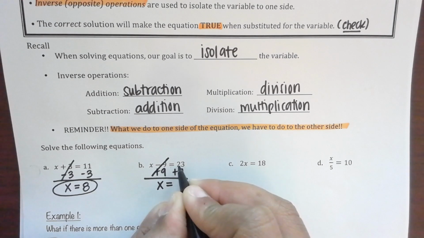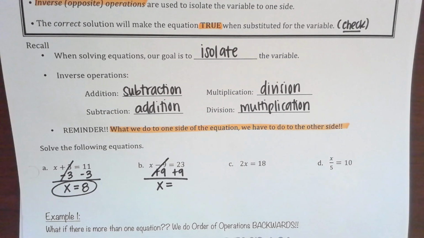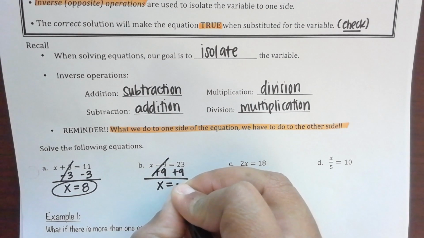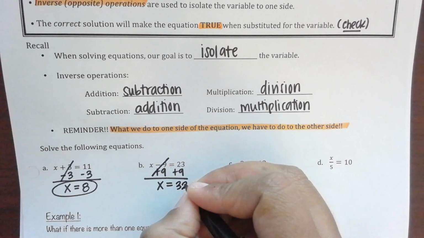Type in 23 plus 9. What'd y'all get? 32. Everybody get 32?